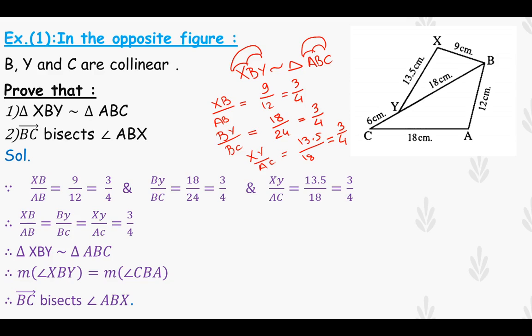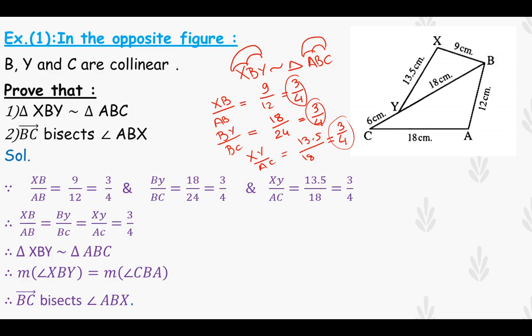Okay? So now all the corresponding sides are proportional: XB over AB equals BY over BC equals XY over AC. All the sides are proportional and the ratio equals 3 over 4. So we can say that triangle XBY is similar to triangle ABC.